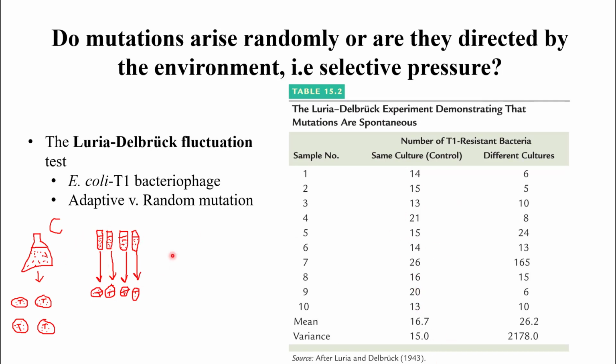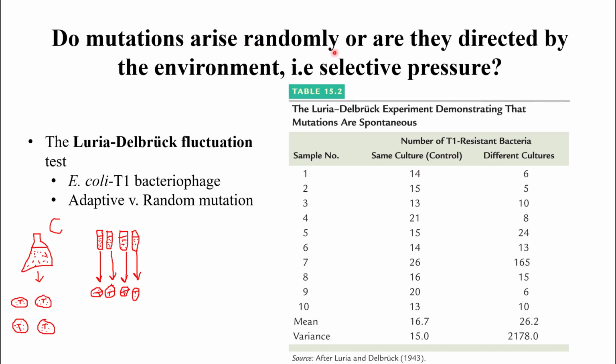But on the ones that were different cultures, they found a mean number of 26.2, but the variance was much, much higher. So 2,178 was the variance. You can see some of them only had a few, some of them had a lot, like 165 on this. And so from this data, what can we conclude?